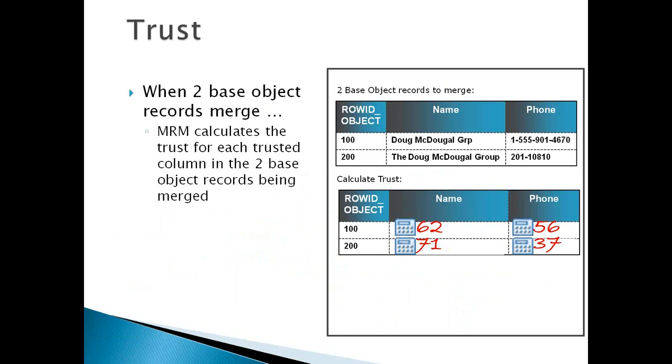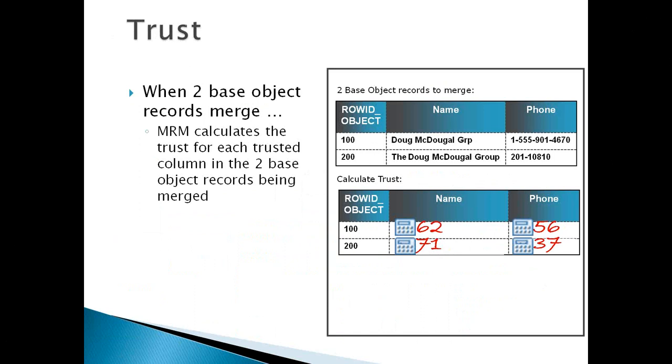Based on all those, MDM has calculated these values. This is at runtime, meaning these values are not stored anywhere, so you cannot go and look at the current value. But in MDM I will show you there is some place where you can check this value. Internally in the tables it doesn't store it.